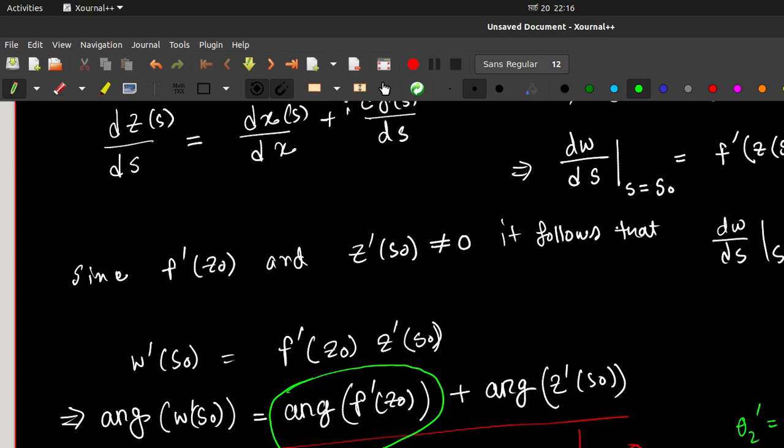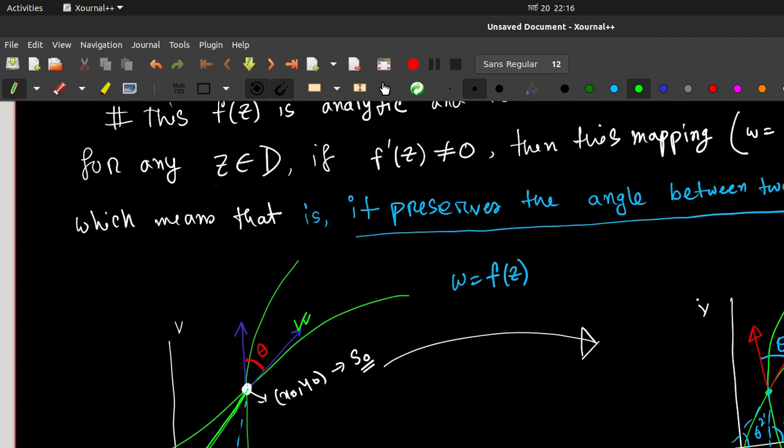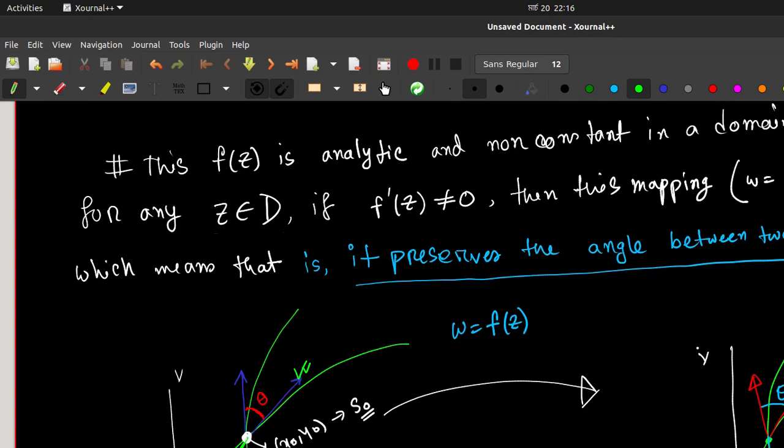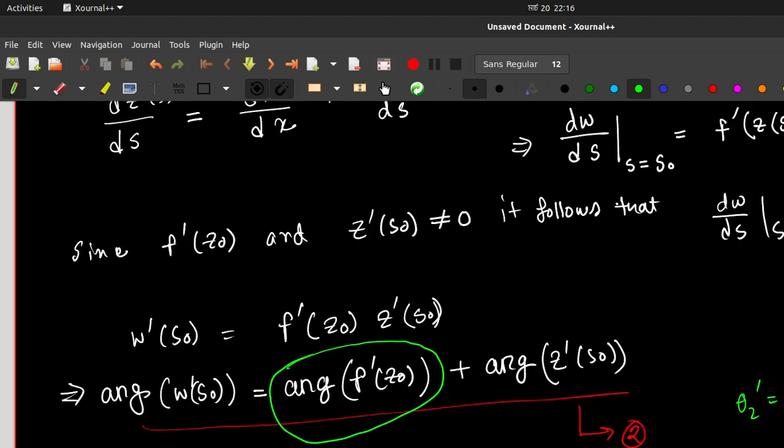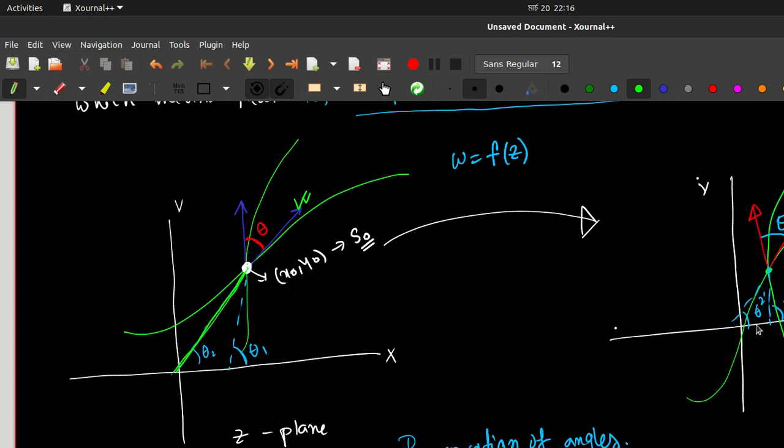Alright, and once you consider this, the rest of the analysis that conformal mapping preserves angle is pretty straightforward. This is an analysis for one of the curves. As you can see, I drew two curves that intersect at some point, and that point is given by z naught in the Z plane. It is represented with the parameter s naught, right?